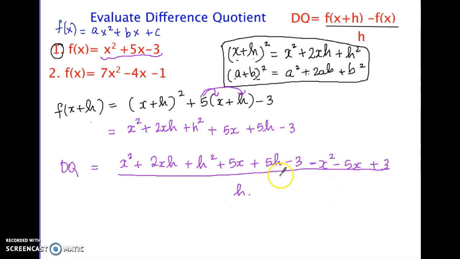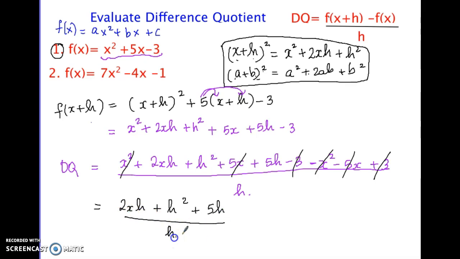Let's see what can be cancelled. And positive 3, negative 3, negative 5x, positive 5x, negative x squared, positive x squared. So we are left with 2xh plus h squared plus 5h the whole divided by h. So in the numerator we have h as a common factor for all the three terms.